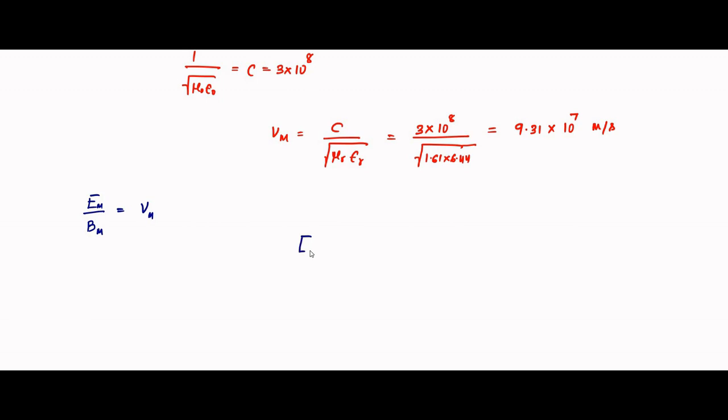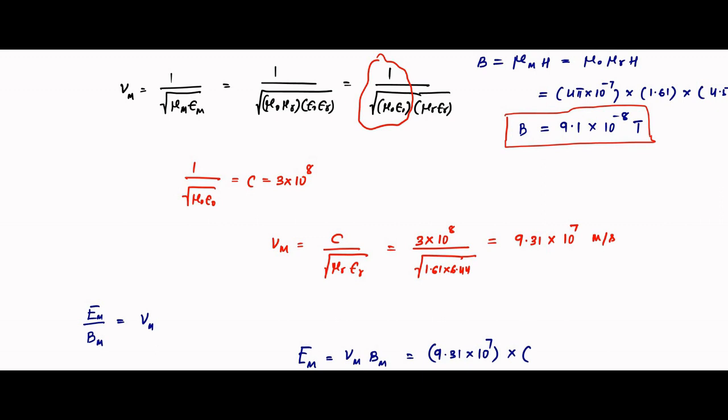So Em is equal to Vm Bm. Vm we have already calculated, 9.31 into 10 to the power 7, and the magnetic flux density we had already calculated previously.